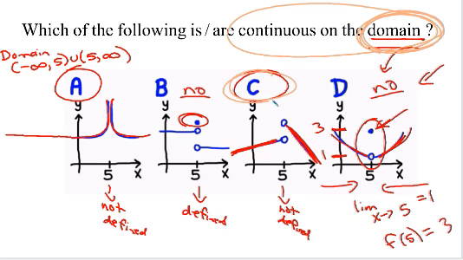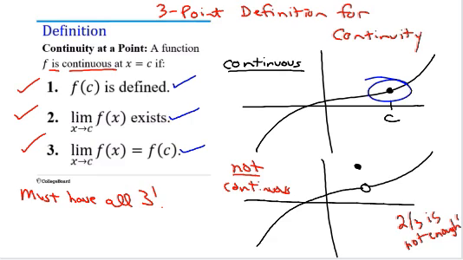Letter C is definitely not continuous at 5. But if I were to come over here to like -1, it is continuous. All right, so let's make sure that you read the questions carefully and pay attention to what they're asking. This one is asking on its domain.